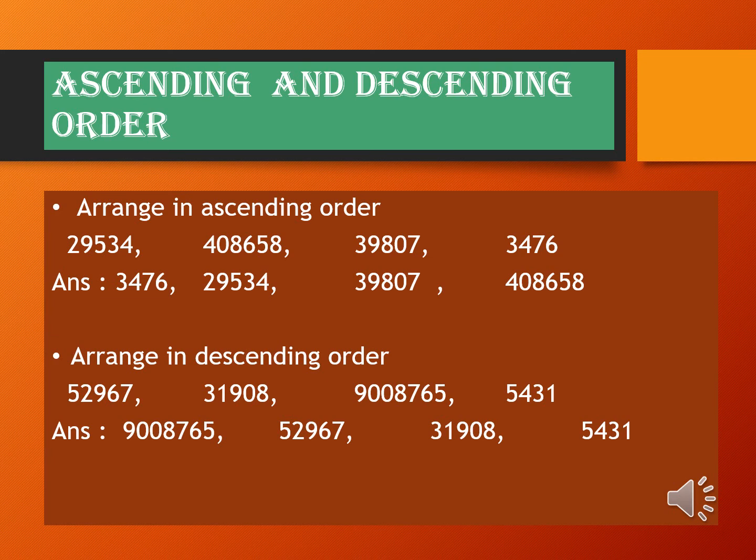So in second position we can write 52,967, and in third position we can write 31,908. So in descending order, first number is 90 lakh 8,765. Second number is 52,967. Third number is 31,908. And last number is 5,431.